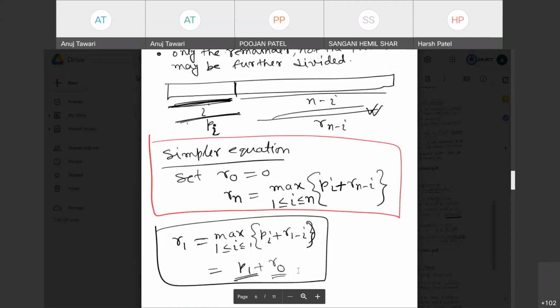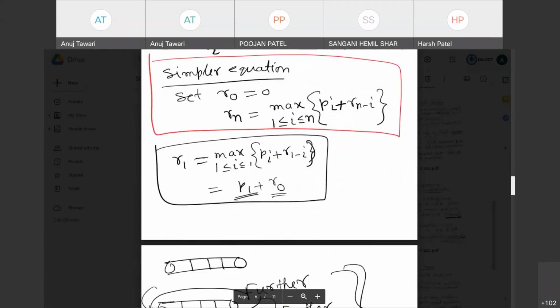So some simpler subproblems we can easily figure out, and obviously it will give a much better running time. So what running time are we going to get here?